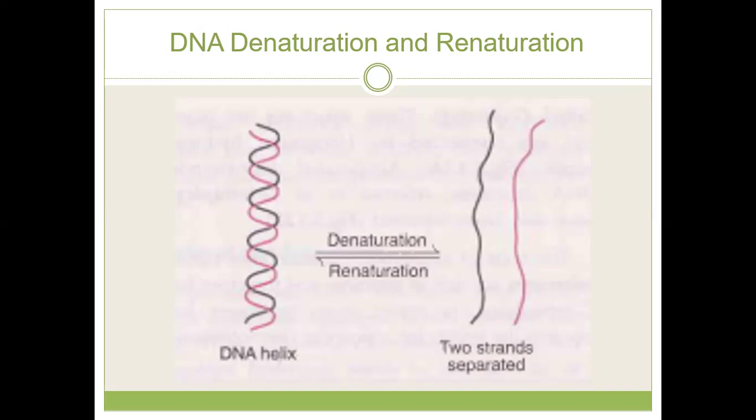Is that clear? So any DNA with a high guanine and cytosine content will need a higher temperature to be denatured. Is that clear? Okay, sir. The process by which this separated DNA can come back to form a double strand is called renaturation.